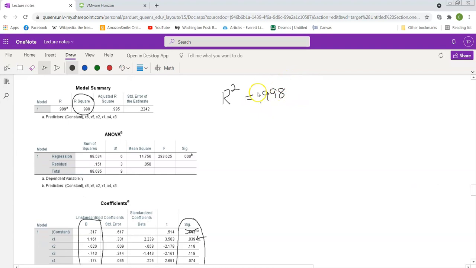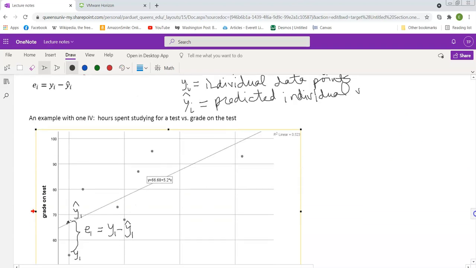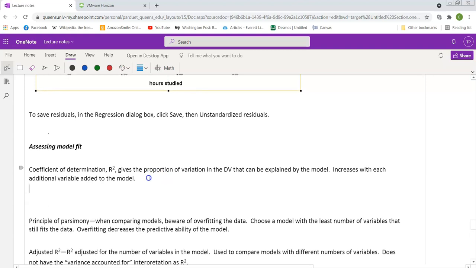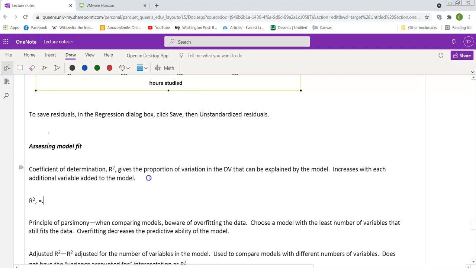All right, so this was an r squared of 0.998, which means that 99.8% of the variability in y can be explained by this model.